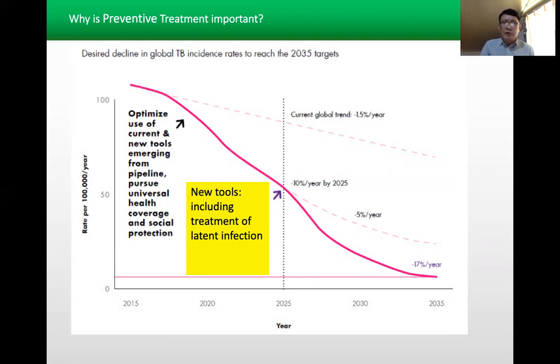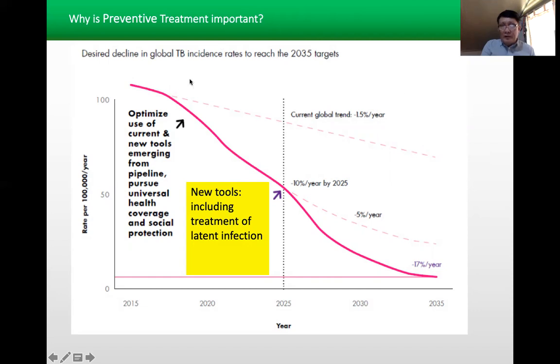So if we cannot control them and manage them properly, then there will be no decline in global TB incidence rates when we reach the 2035 targets, because we want to have the desired decline in global TB incidence rates come 2035.